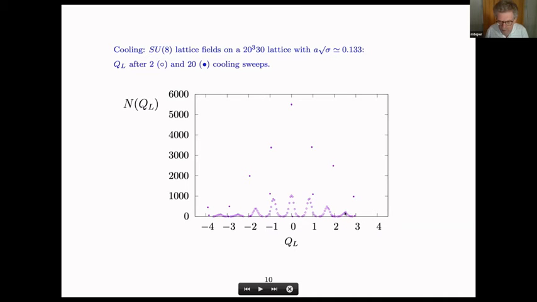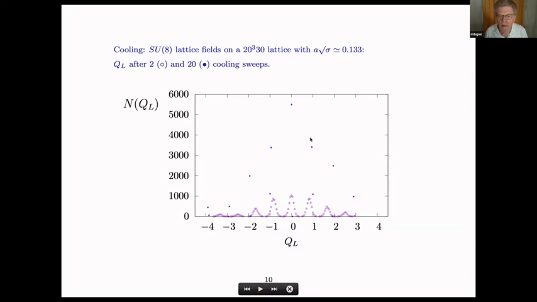As you can see, even after 2 cooling sweeps, your fields already fall into clear groups which are quite close to the integer values. If you do 20 cooling sweeps, then you get these solid points, where essentially all the fields are very close to the integer values.